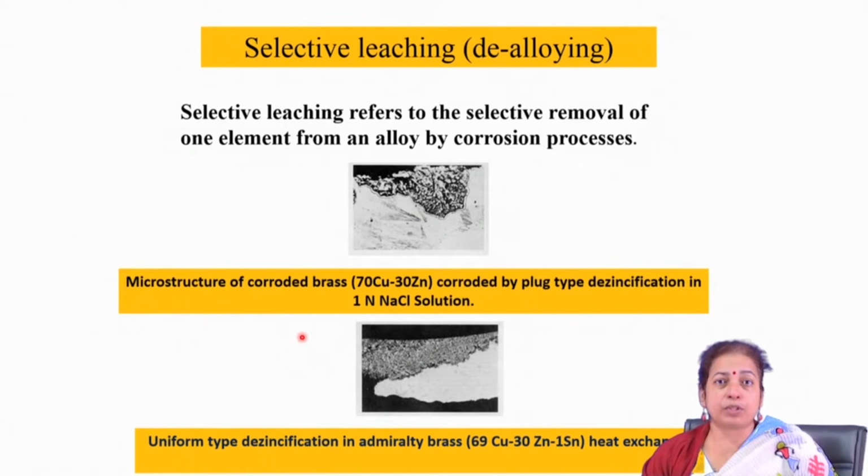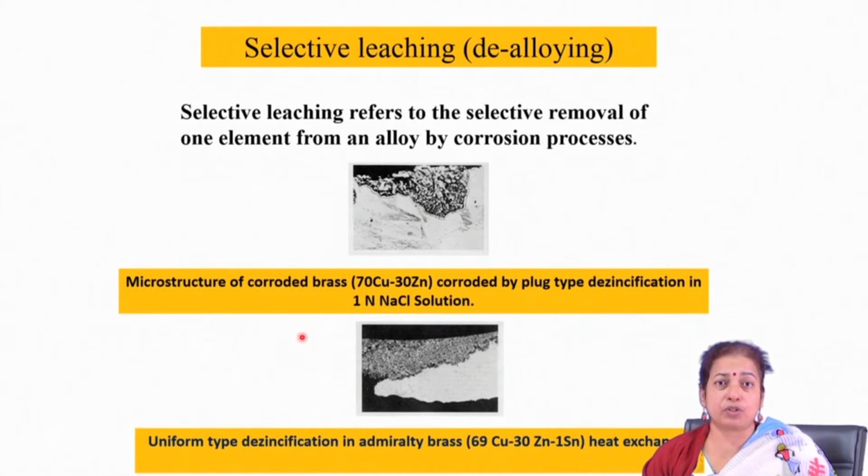So, another kind of corrosion which again depends on the microstructure and also composition is selective leaching. Again, this kind of corrosion is observed in alloy systems where there is a wide difference in the electrochemical or corrosion behavior. Particularly this is observed in different types of brass, where copper and zinc are present. If you find the position of copper and zinc in the EMF series, you will find that zinc is more corrosive as compared to copper.